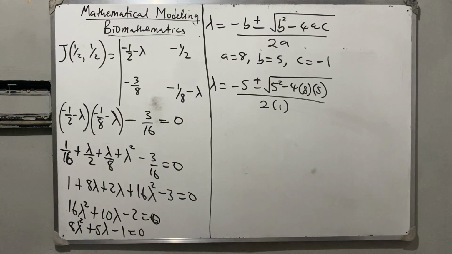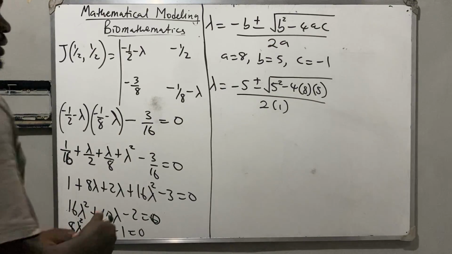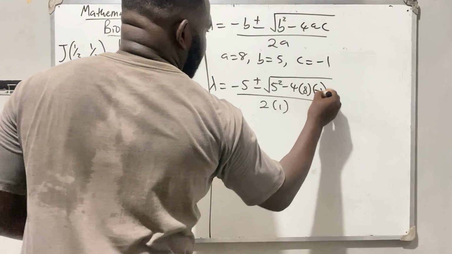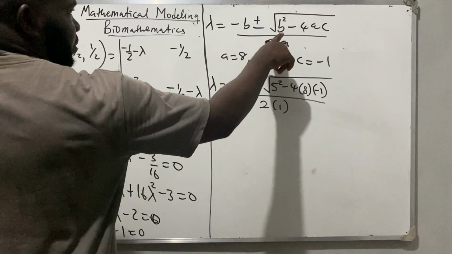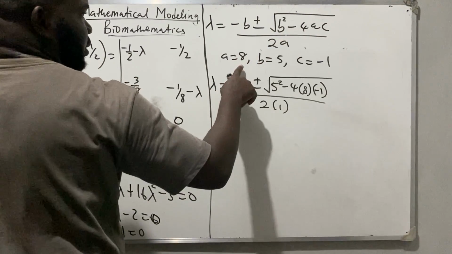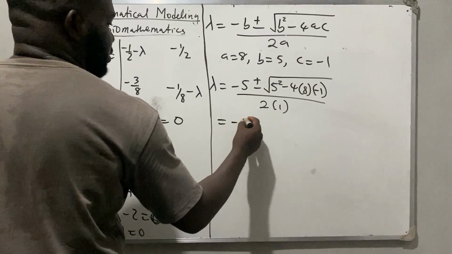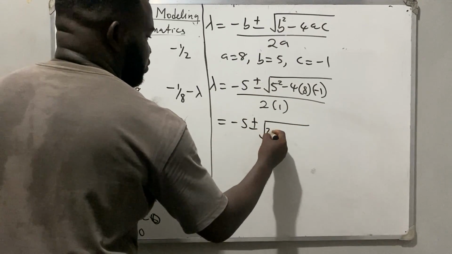Now, the way I'm looking at this, b squared minus 4ac, and c is minus 1. So this is minus 5 plus or minus the square root of 25.